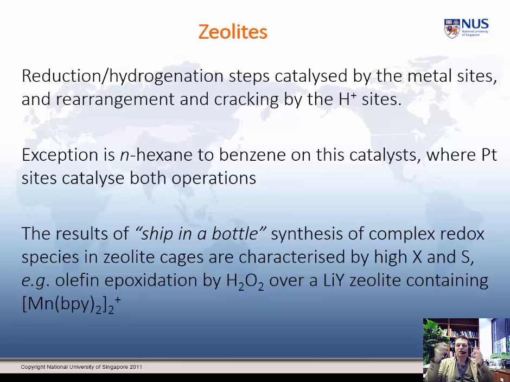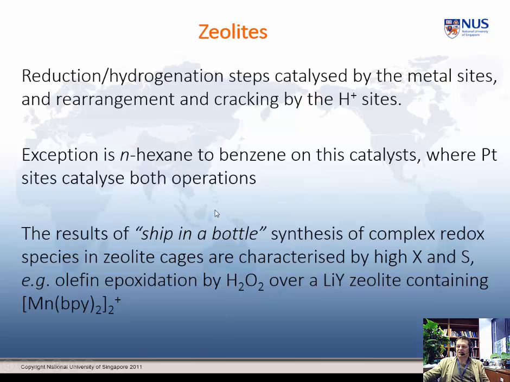Now you have a system which can do 2 or 3 different things, different processes at the 2 or 3 different sites. There's an exception here with n-hexane and benzene, where the platinum can catalyze both operations.